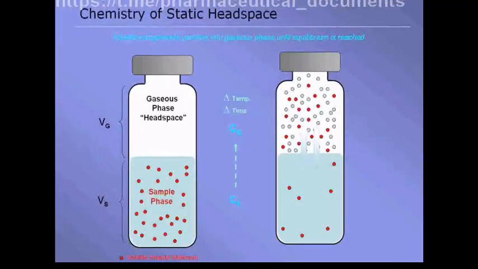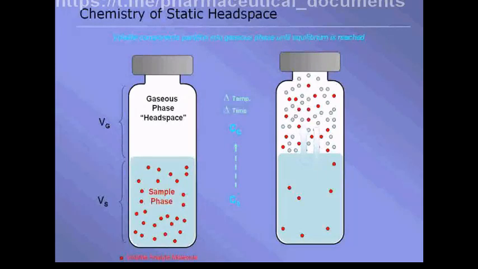If we look quickly at the chemistry of static headspace, USP 467 is a headspace GC method. So as a result, we are going to produce our standards and our samples in a headspace vial, and then take an aliquot from the headspace and transfer that into our GC for separation and detection.